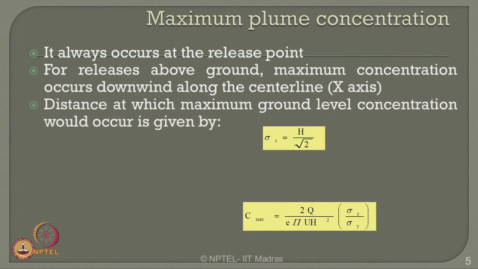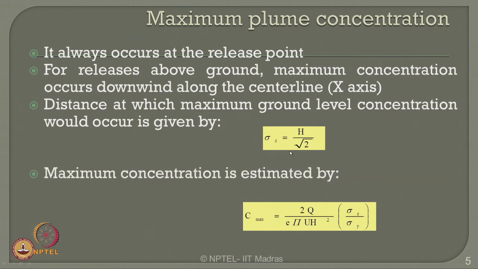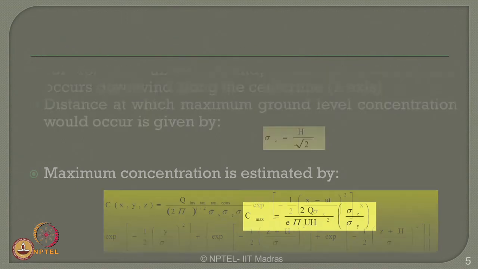The distance at which the maximum ground level concentration occurs is given by a relationship, as you see here. The maximum concentration C max is estimated by a relationship as you see here, where sigma z and sigma y are the dispersion coefficients along the z axis and y axis respectively.